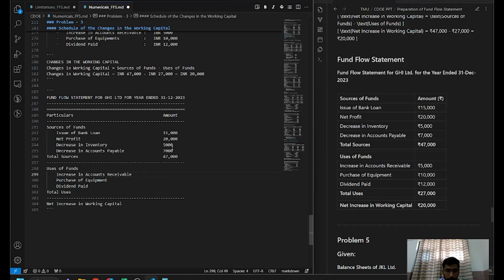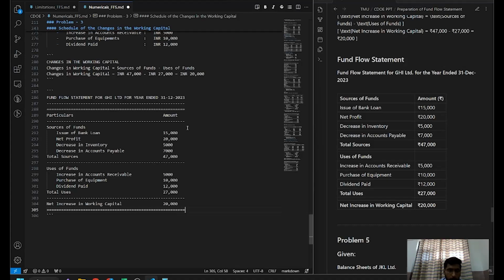Now the accounts receivable increased by 5,000. Purchase of equipment of rupees 10,000 and dividend paid of rupees 12,000, making the total uses 27,000. So the net increase in working capital is 47,000 minus 27,000, that is 20,000. Okay.